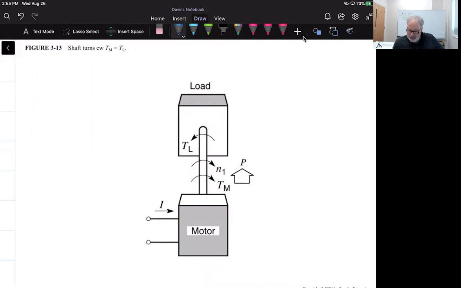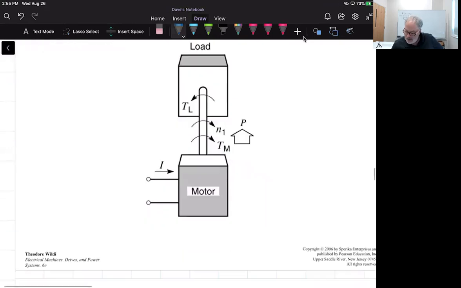Then he goes on in this section 3.12, and he makes this general rule. It says when the torque developed by a motor acts in the same direction as the speed, the motor delivers power to the load. Okay, delivering power to the load. For all other conditions, the motor receives power from the load.